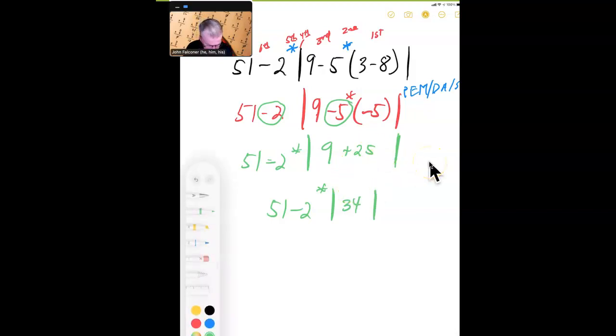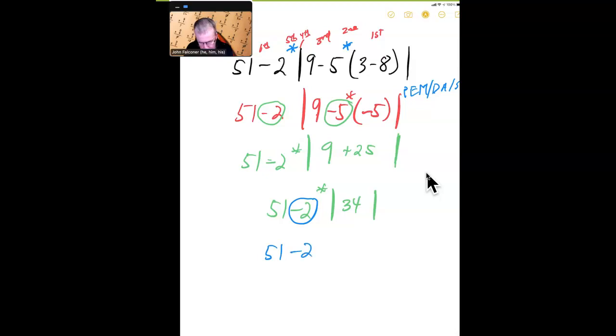So we want to keep that sign with the 2. So now we're going to be multiplying this together, but let's remove those brackets. So we've got 51 minus 2 times, and then we have 34, because whatever comes out of these brackets is positive, whether it's positive or negative.